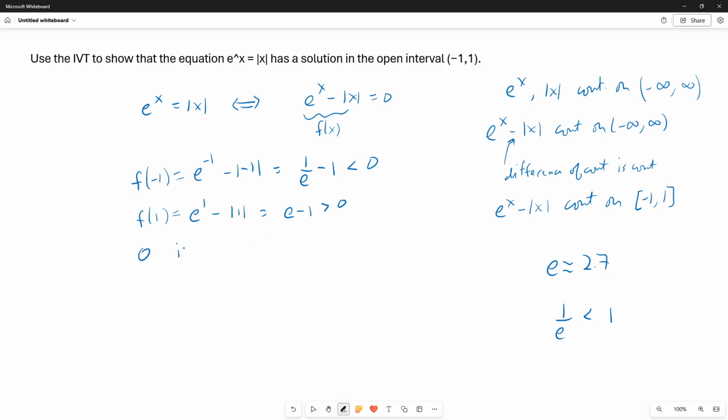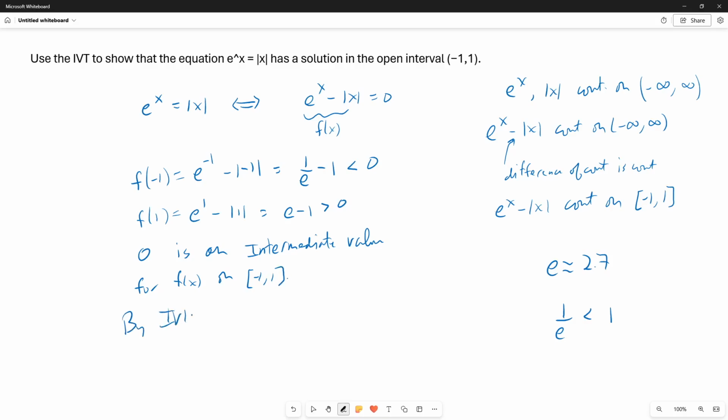So 0 is an intermediate value for the function f of x on the interval -1 to 1.